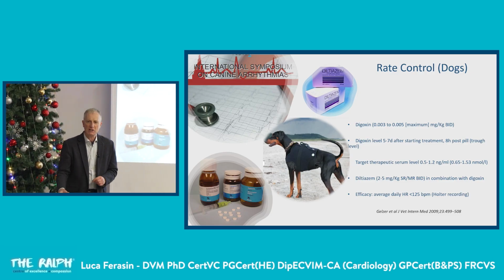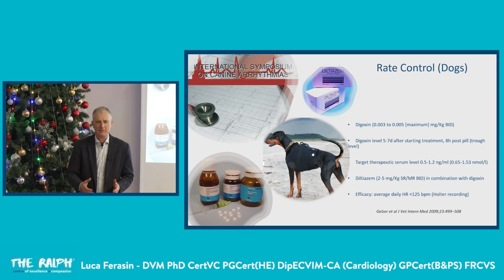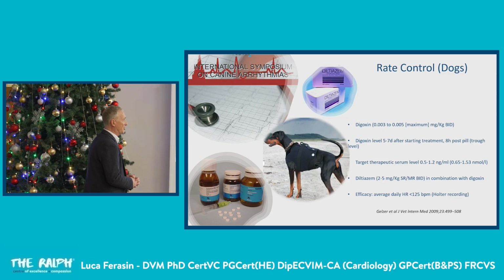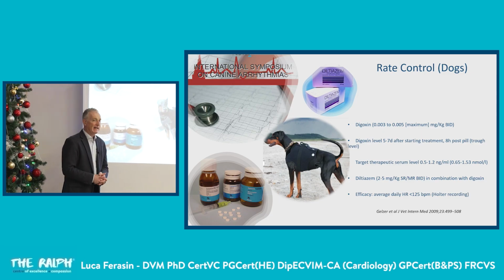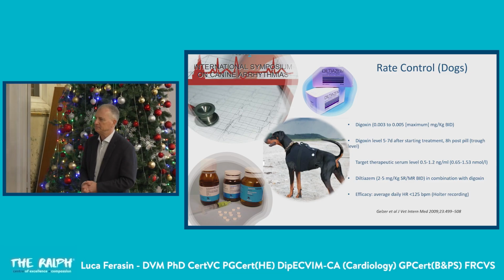But they were all toxicity cases, digoxin toxicity. They were vomiting, they were having conduction abnormalities. So now we are much more conservative in the amount of digoxin we give. But then how do we know if it's working or not? Well, we should Holter these patients.